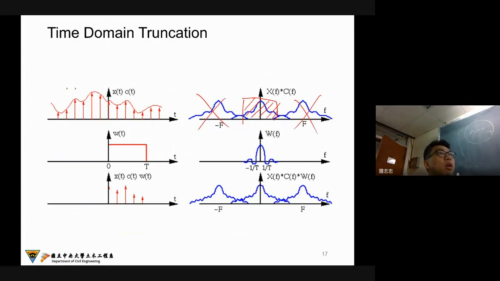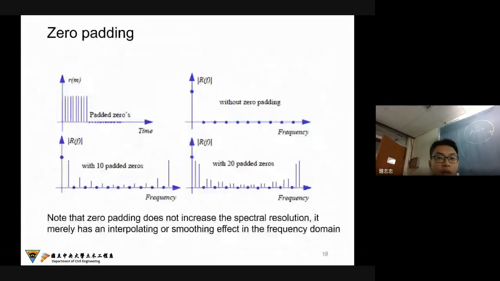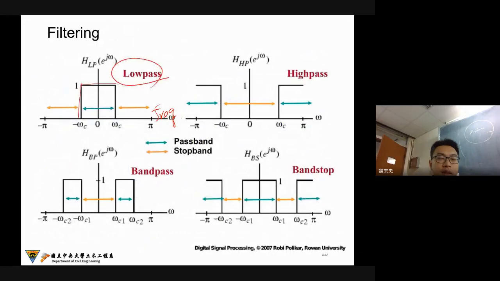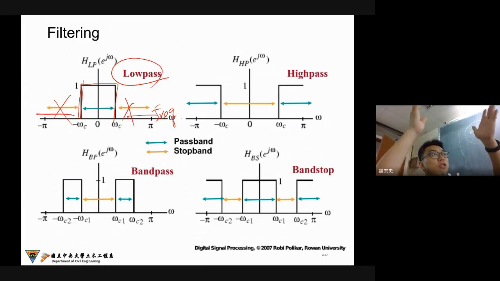This is what we call the low pass filter. This is the window that the signal can pass through. The other, delete. Sometimes we use this kind of low pass to filter a very high frequency noise. Only contain the low frequency part.